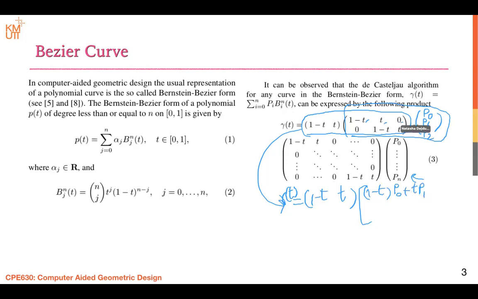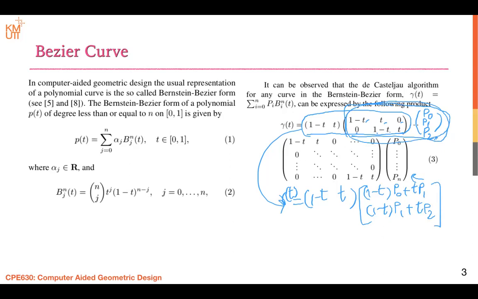Actually, you have to add 0 multiplied by p2, but we don't have to write it because it is eliminated as a 0. And then go to the next step: 0 p0, 1 minus t p1, plus t p2. So this is the result for these 2 matrix multiplications.